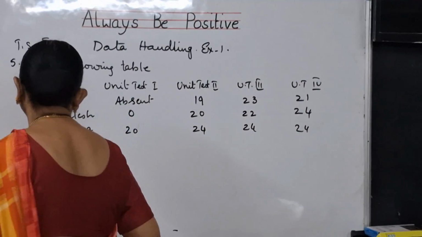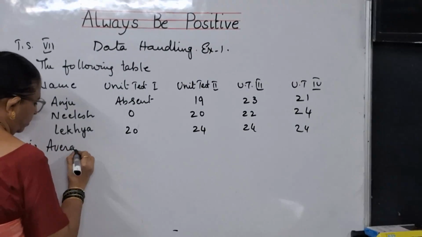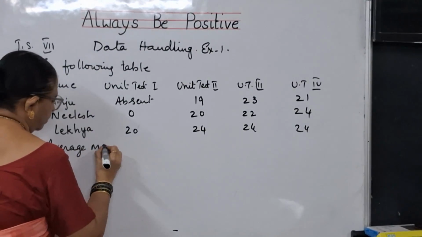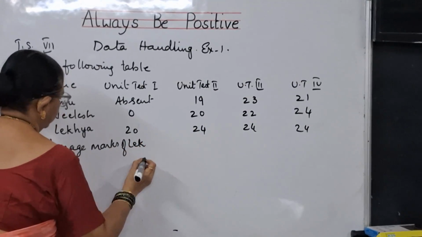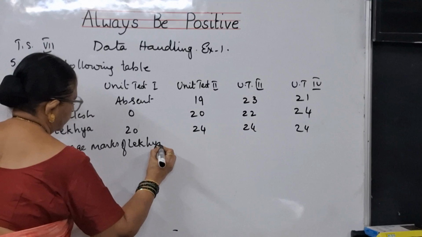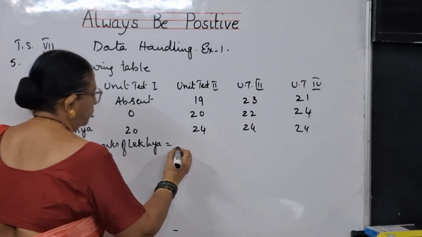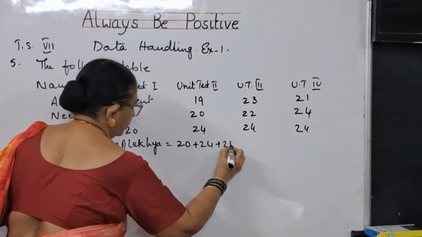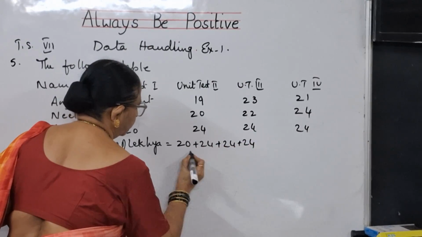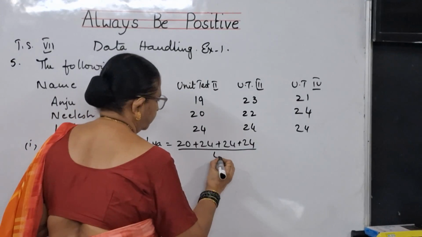So first one, average marks of Lekhya. First we have to add up 20 plus 24 plus 24 plus 24 whole divided by how many tests? 4.